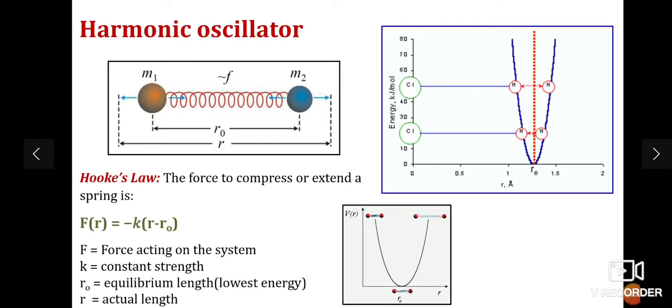The force to compress or extend a spring is given by the expression F(R) equals minus k into (R minus R naught), where F is the force acting on the system and k is the force constant. R naught is the equilibrium length, which is the lowest energy state. R is the actual length.